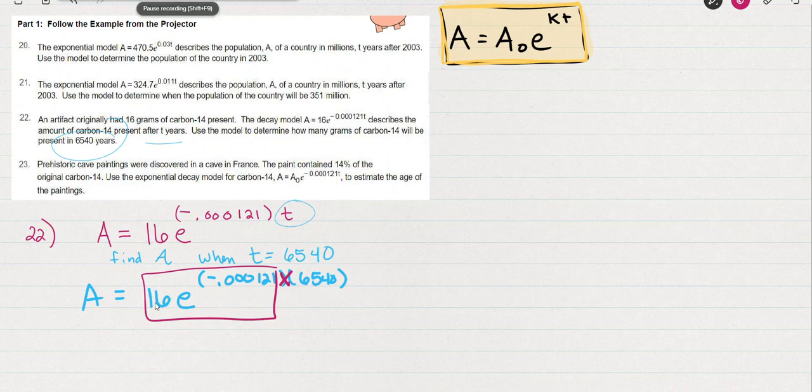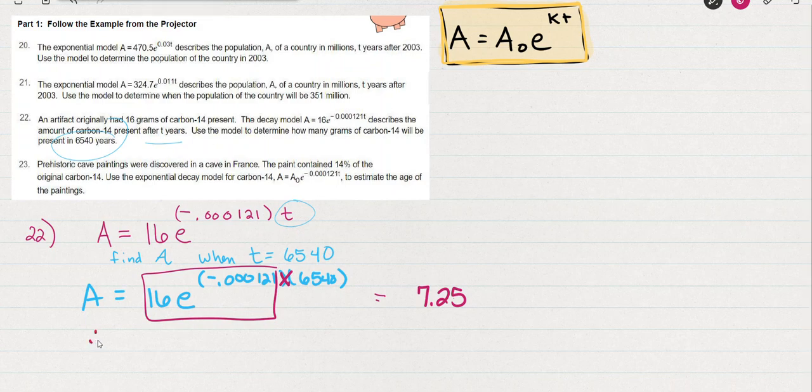So again, let me say what you put in the calculator. 16, and then e to the x, and then when we type in the exponent, we're going to put negative 0.000121 times 6,540, and then close the parenthesis, equals. Now when I did that, I got 7.25, and so in approximately how many years will that be?